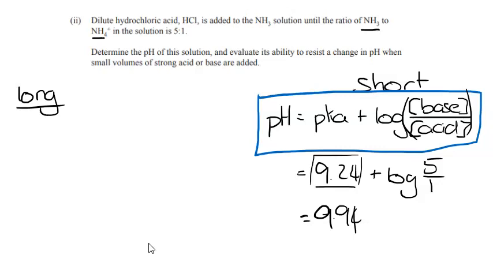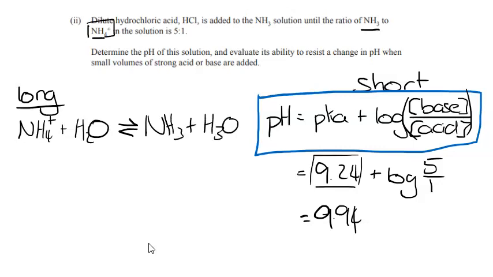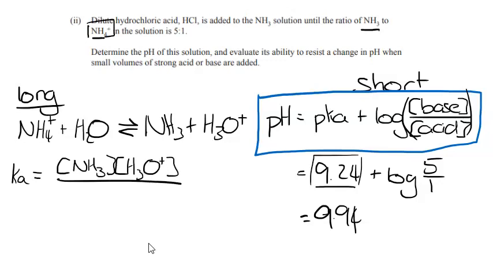The long way of doing it is that we would need to write out the equation of NH4+ dissociating in water. So NH4+ plus H2O, excuse me for not including states, just trying to go a bit faster, gives NH3 plus H3O+. So the acid dissociation expression that we would get is Ka equals NH3 times H3O+ divided by NH4+.